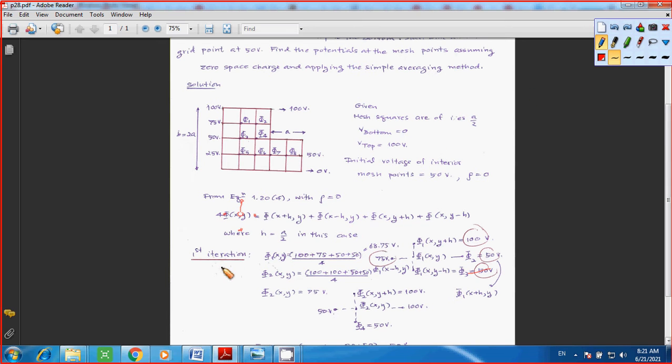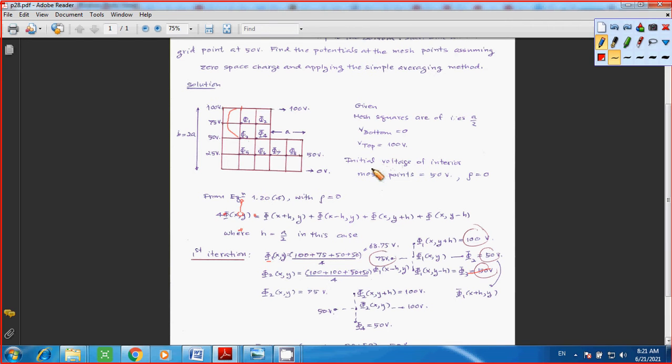For the first iteration, you have phi xy going to be equal to what? You start from phi 1, that's going to be 100 volt, right? Let's do a counterclockwise. 75 volt and your phi 2, phi 3, that's 50, right?